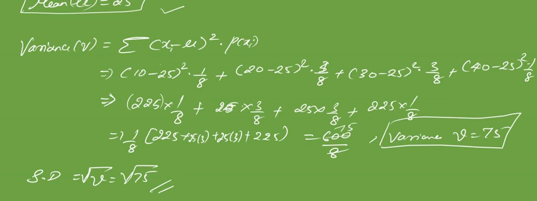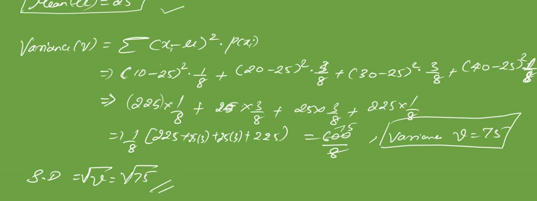So starting with 10 minus 25, because mu is 25, the whole square into, for 10 the probability was 1 by 8, plus 20 minus 25 square, and for 20 the probability was 3 by 8. 30 minus 25 the whole square into, for 30 probability was 3 by 8, plus 40 minus 25, and the probability for 40 was 1 by 8.